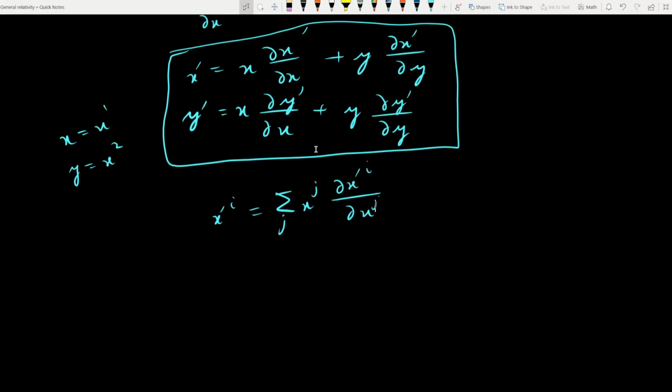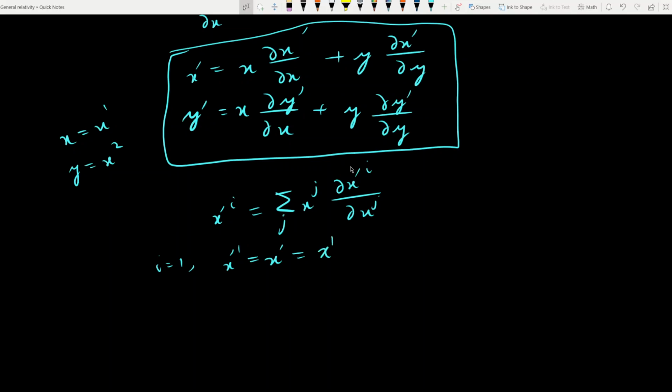Notice that if we have i equal to 1, this equation would turn out to be x primed of 1, meaning x1 primed, which is basically x primed, which is equal to this summation right here. Since we have two coordinates, j will be 1 and 2.